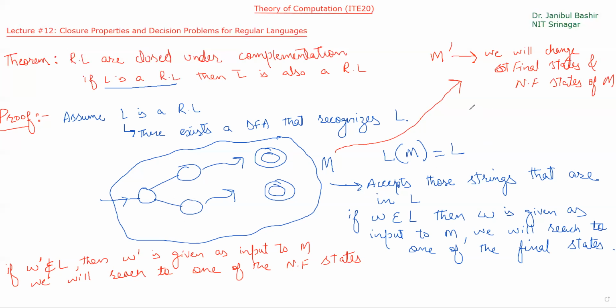So all the non-final states of M will be final states of M dash. Okay, like this. And the ones that are not final states of M, let's suppose Q1 and Q2, these will be non-final states of M dash.